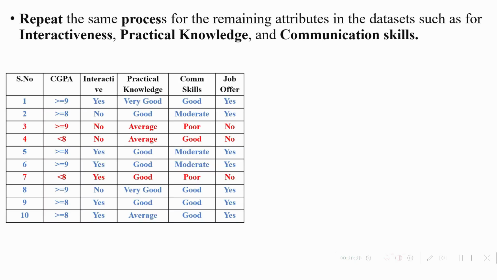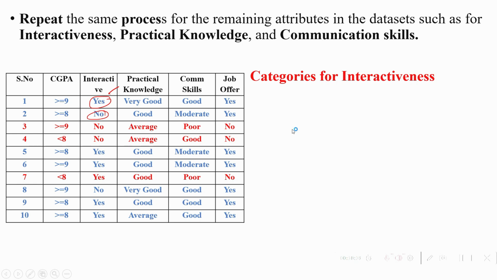Now we are finding the delta Gini values. Repeat the same process for the remaining attributes in the data set, such as interactiveness, practical knowledge, and communication skills. The next one is interactiveness, which contains yes and no, two classes.